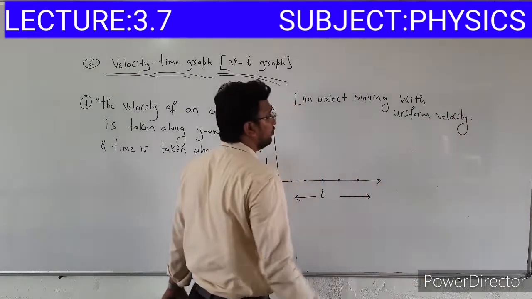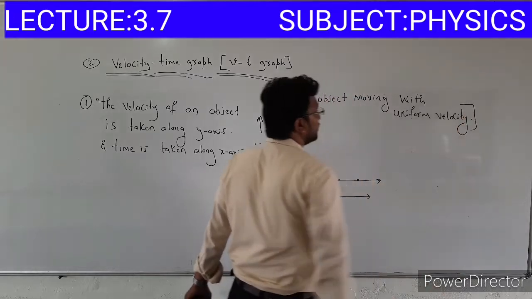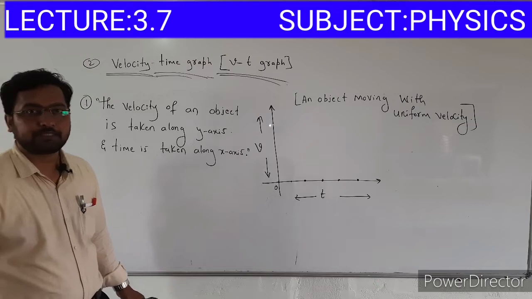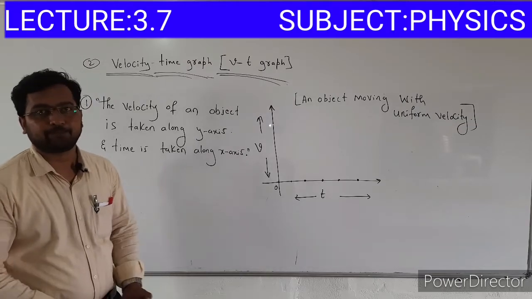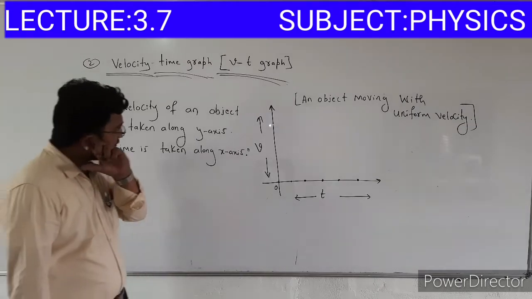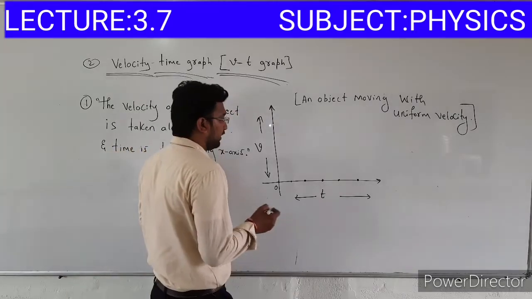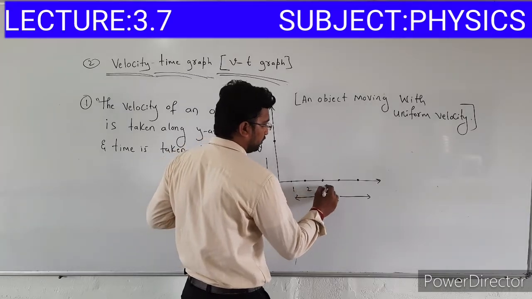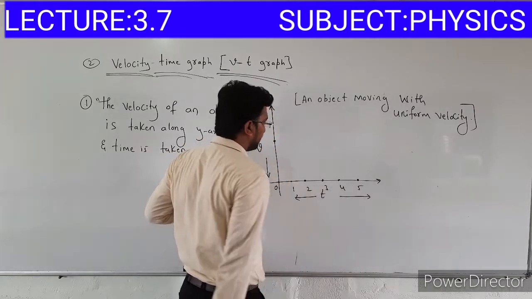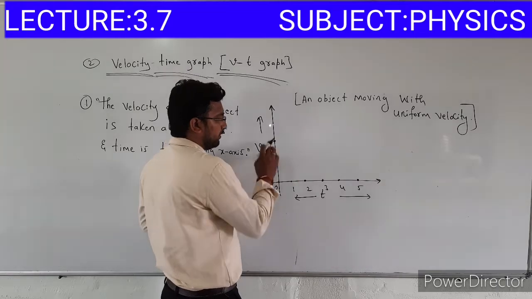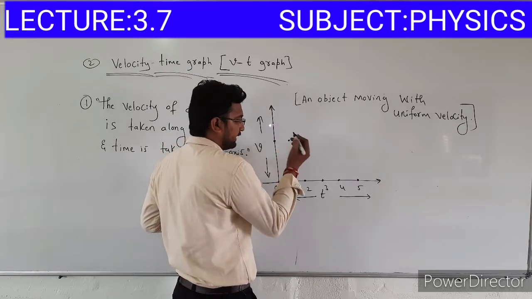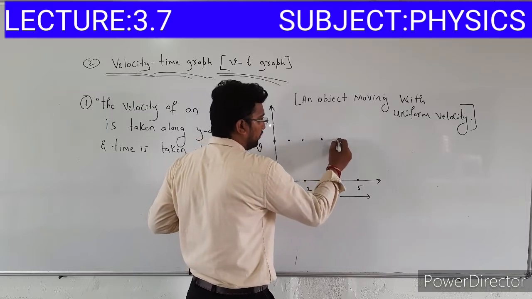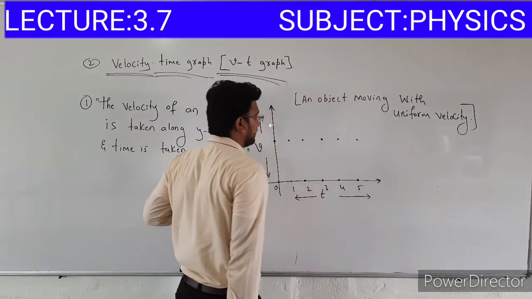Uniform velocity means the velocity of the object at any point is the same. See here, at 0 second the velocity is the same, at 1 second, maybe 2, 3, 4, 5, and so on. So at 0 second the velocity is the same, in 1 second the velocity is the same, in 2 seconds the velocity is also the same, in 3 seconds, 4 seconds or 5 seconds, right?